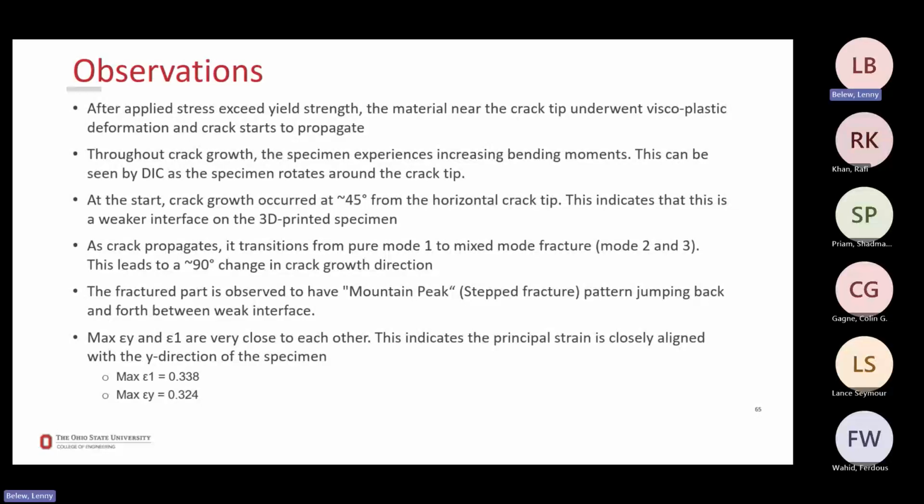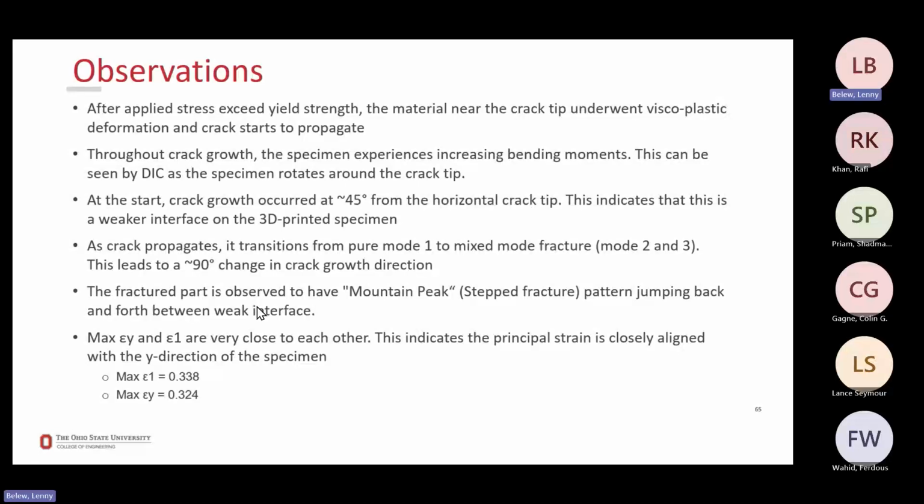This basically aligns with the layer orientation. So you can tell the way that this was 3D printed because starting out, the crack grows right up one of the layer's orientations.